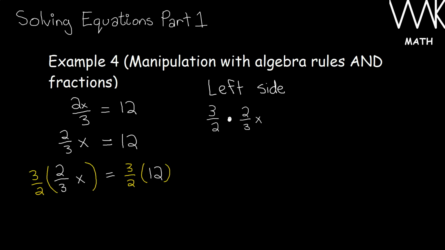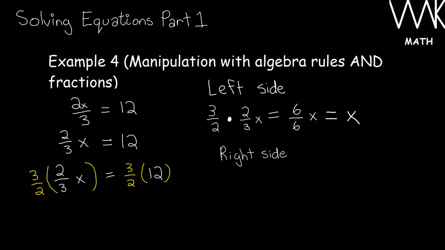So if we are multiplying 3/2 by 2/3, it gives 6/6. The variable remains, so the answer so far is 6/6 x. However, 6/6 is equal to 1. So ultimately, on the left side, we only have x.